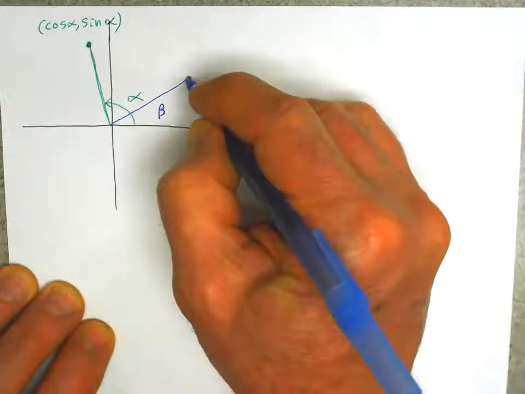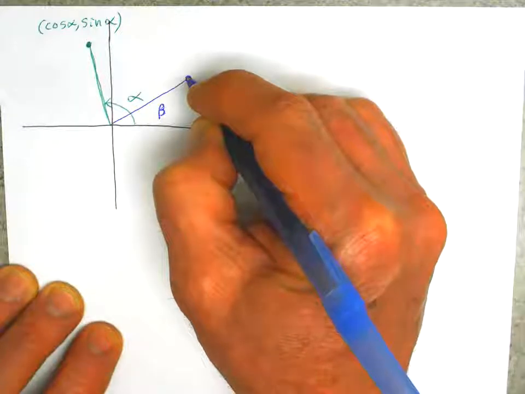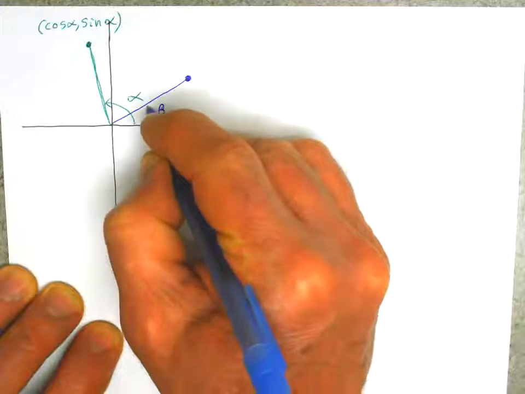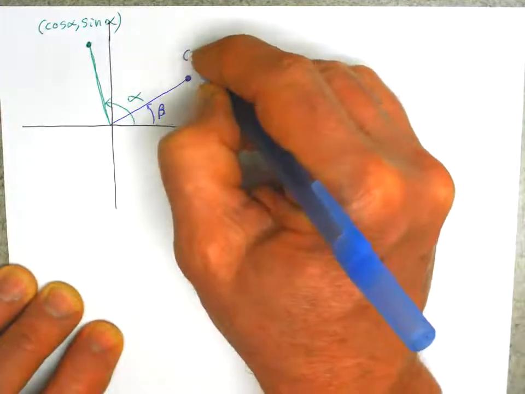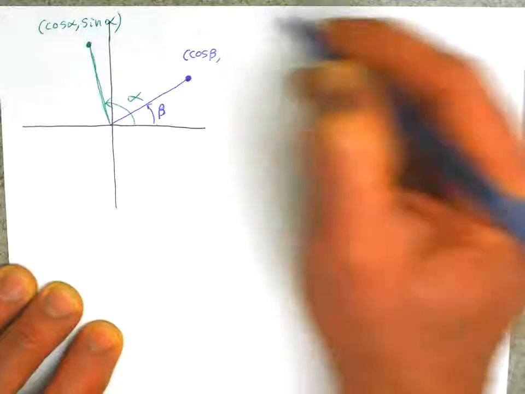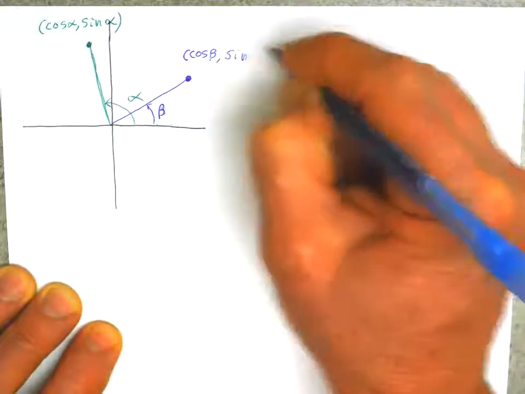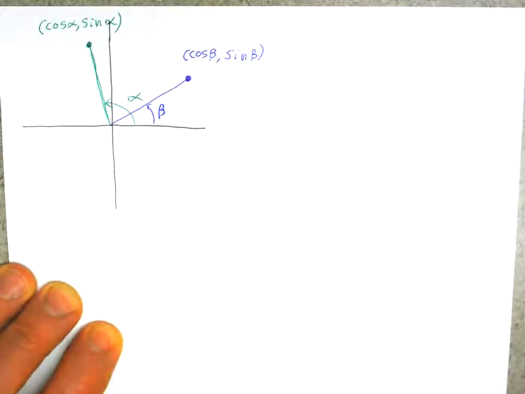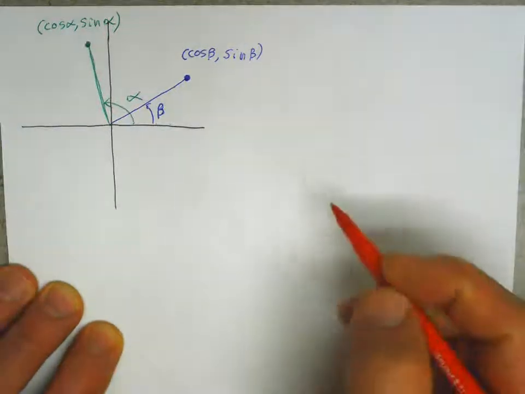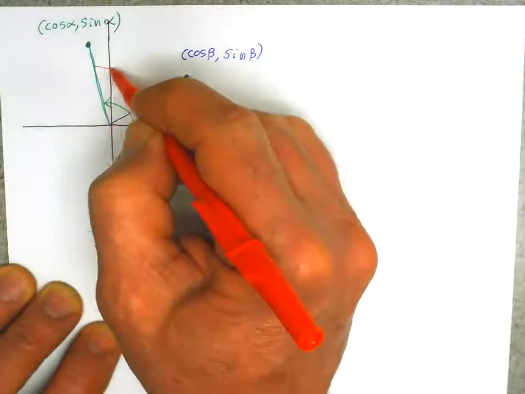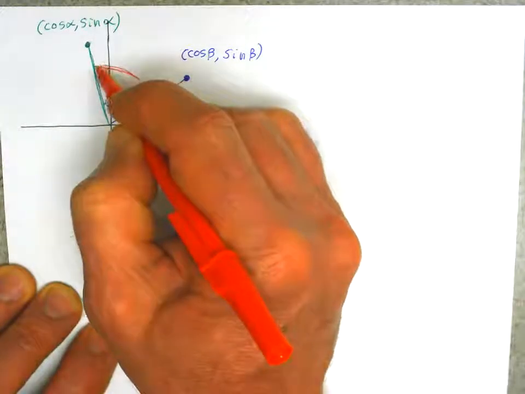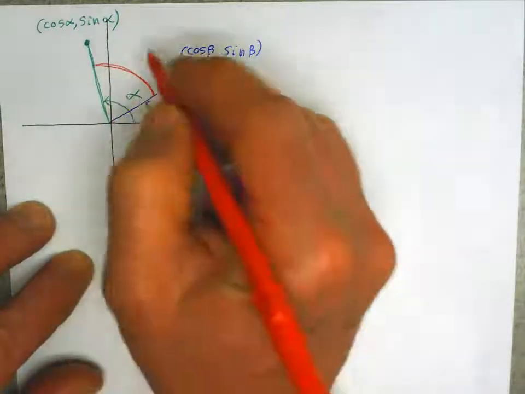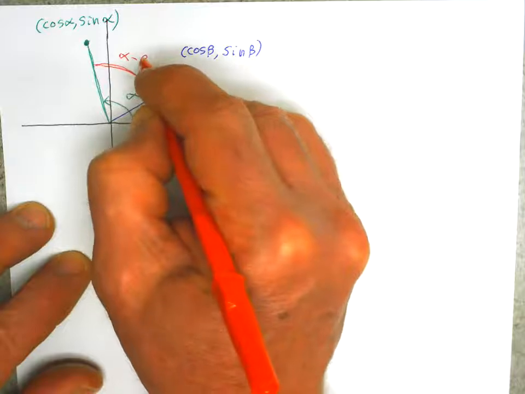So this is cosine of beta for the x coordinate and sine of beta for the y coordinate. Okay, and note the size of the angle between those two terminal sides. The size of this angle is alpha minus beta.